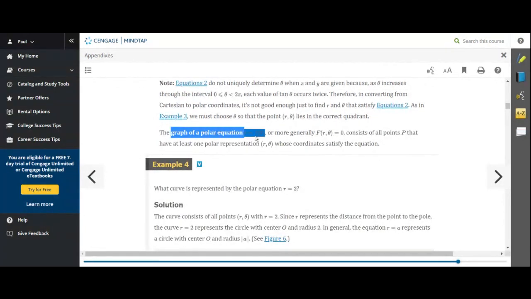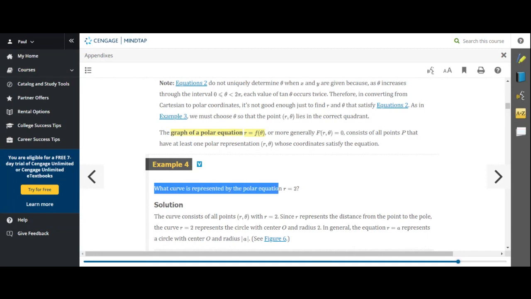So what we want to do is talk about graphing a polar equation. In example 4, what curve is represented by the polar equation r equals 2? What you're used to seeing is Cartesian equations, where all your equations have x's and y's in them. But now you have a polar equation.